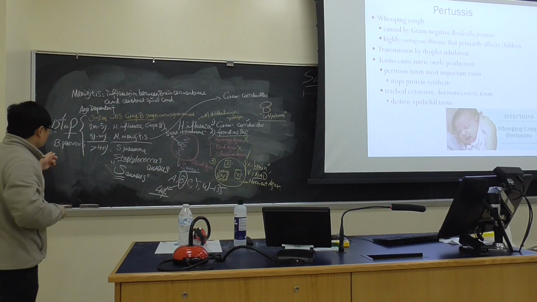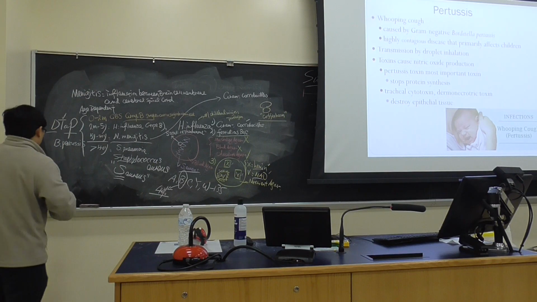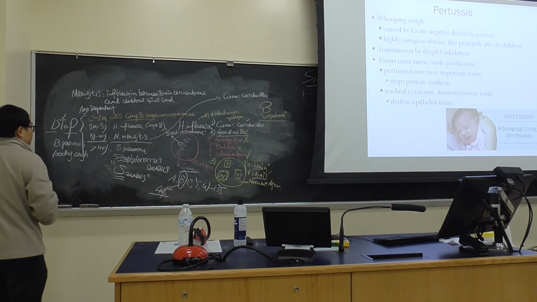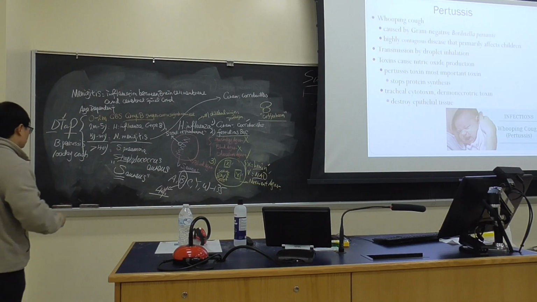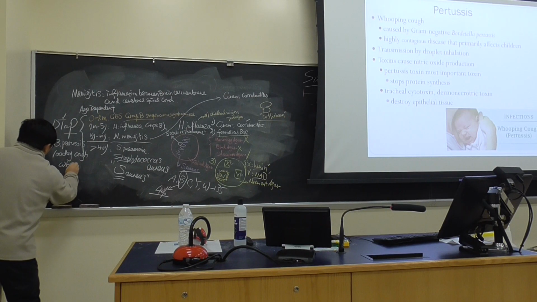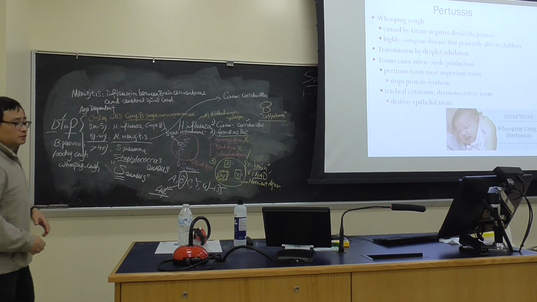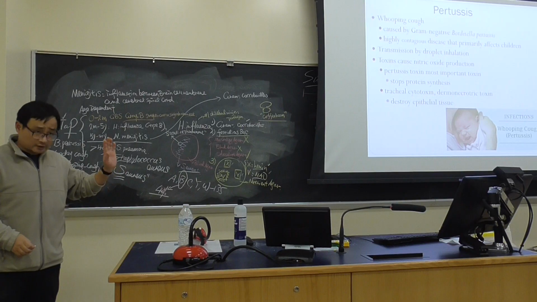What happens is what we call the 100-day cough. And the cough is very special. We call it a whooping cough. So what is a whooping cough? It is when you cough, cough, cough, cough, like that.